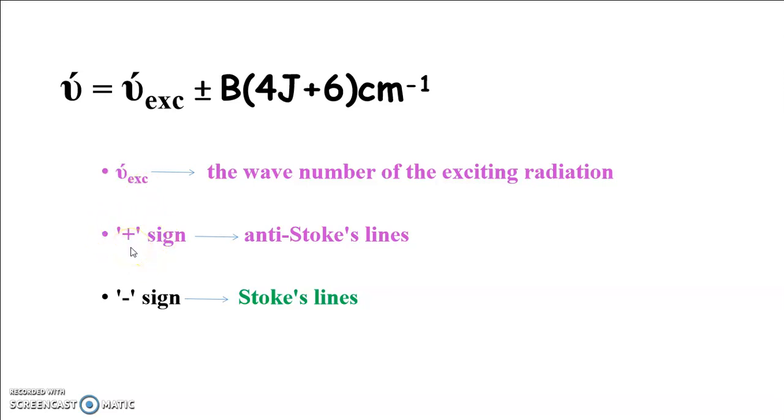The plus sign means it goes to the higher wave number side of the excitation radiation, and this is known as the anti-Stokes line. The minus sign means it goes to the lower wave number side, and it is known as the Stokes line.